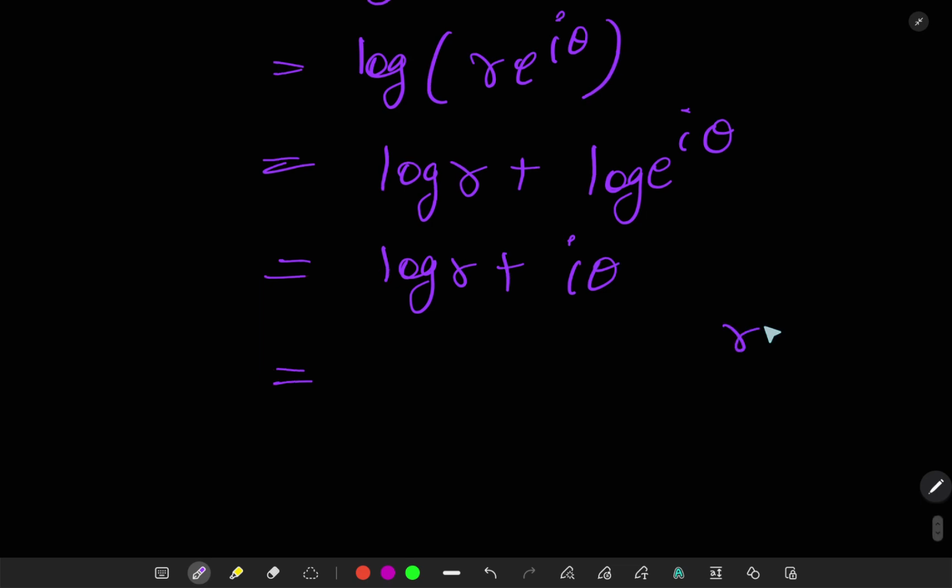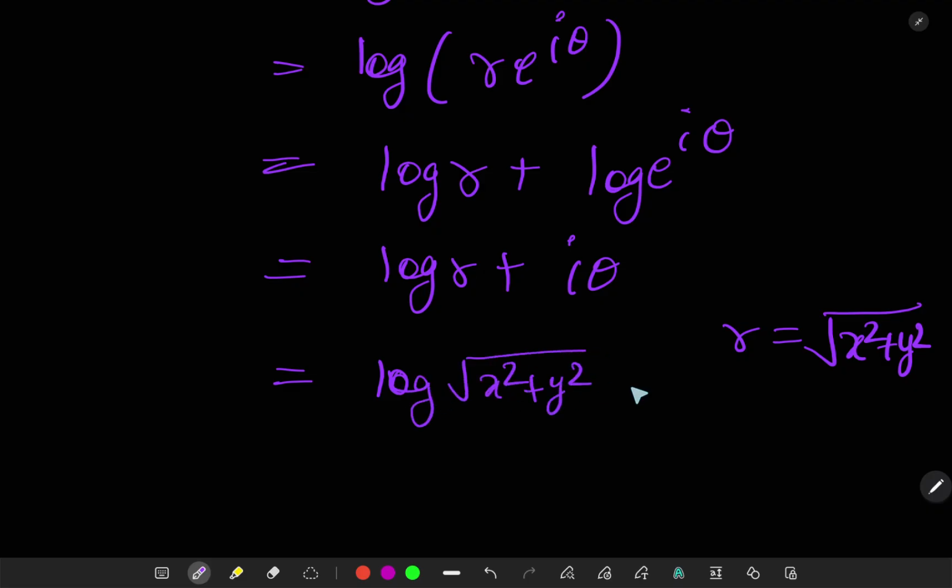Here, as we know that for a complex number r is equal to root of x square plus y square, so we can write this value plus here this is theta.